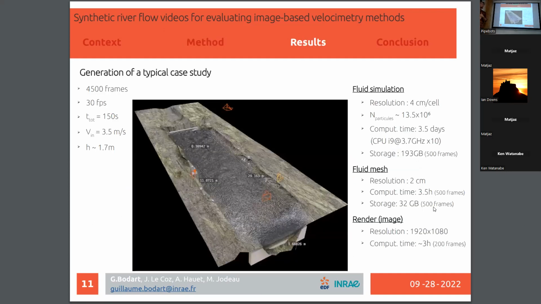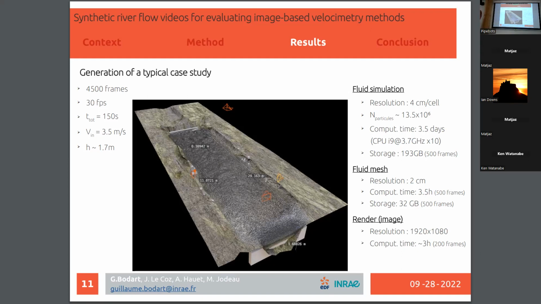Next slide. So yes, the resolution is very important, and we found that with a very fine resolution, we limit the problem that I just exposed, this difference between the reference velocities and the apparent velocities. But we also ensure very high realism. Here we carried out a simulation on a domain of about 30 meters long and 6 meters wide, with a resolution of 4 centimeters per cell.